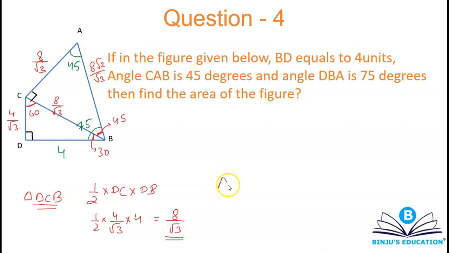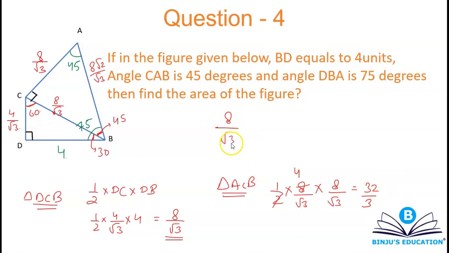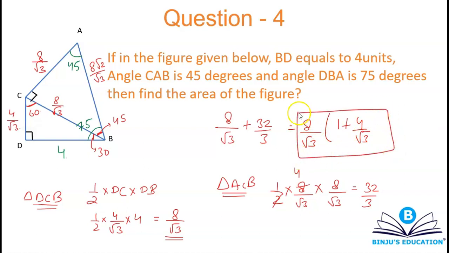And the area of this triangle ACB, again half into base into height, so 8 by root 3 into 8 by root 3. So that is 32 by 3. So the total area of the figure will be 8 by root 3 plus 32 by 3. So you can take 8 by root 3 common, 1 plus 4 by root 3. And that is your answer.